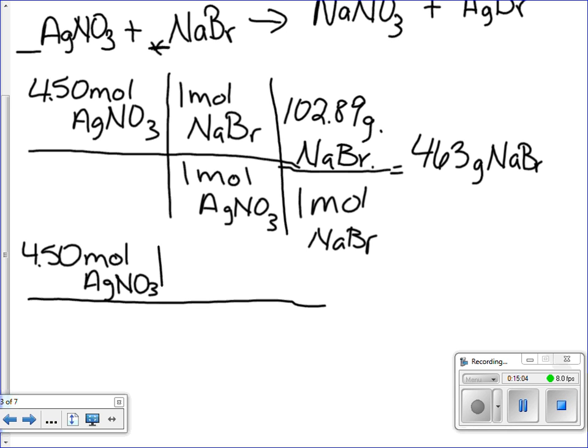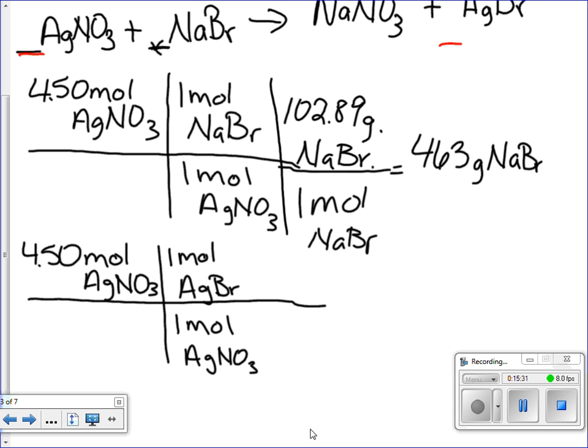Now looking at my balanced reaction to get a mole ratio, I'm using silver nitrate and silver bromide, and it's still a 1-to-1 ratio. So we put the silver nitrate on bottom so it'll cancel out with the silver nitrate on top. And put silver bromide on the top.